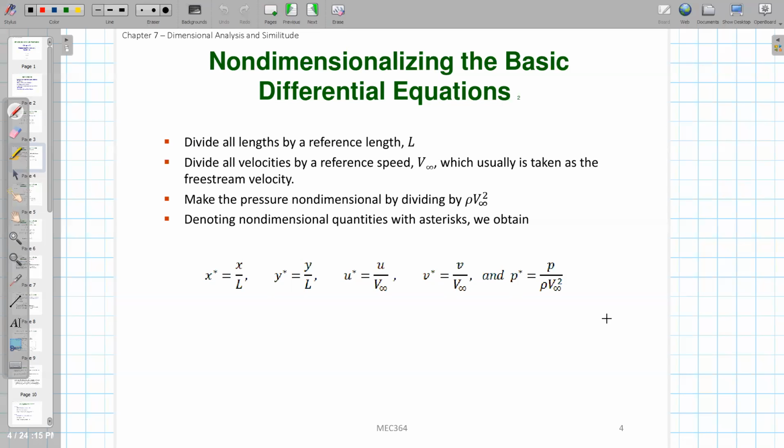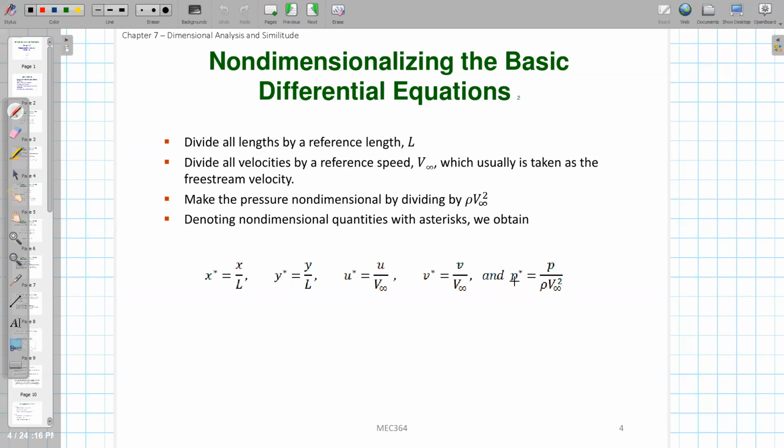You will see that rho times v infinity squared has the same unit as stress. Pressure is Newton per meter squared, Pascal, and rho v infinity squared has the same unit of Newton per meter squared. So after you divide p over rho v infinity squared, you get a dimensionless parameter for p. We call it p star.